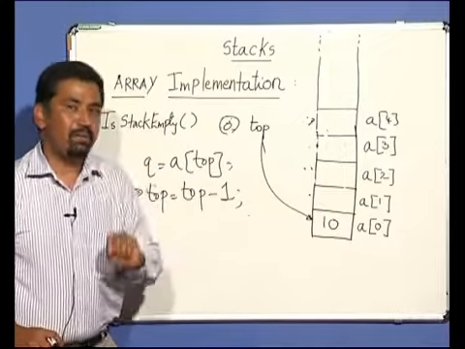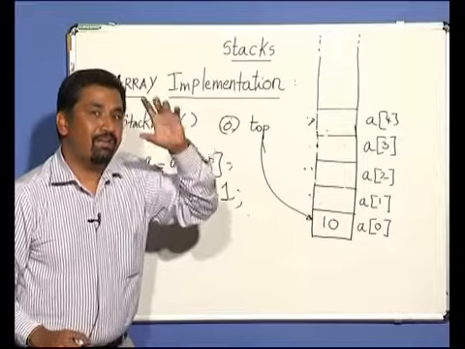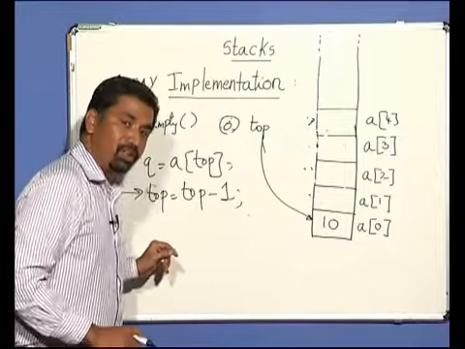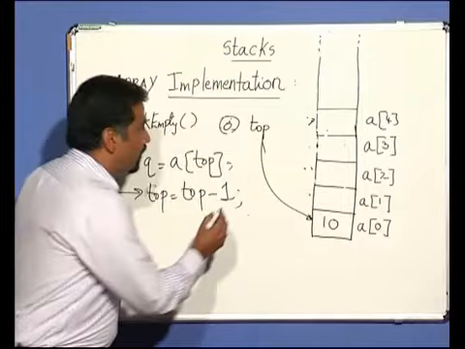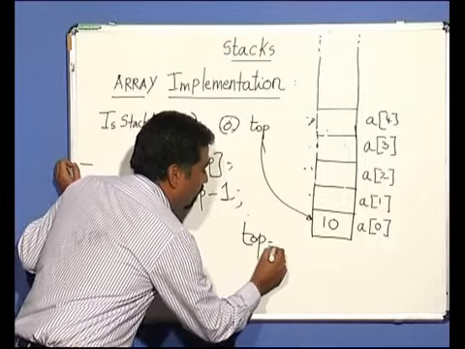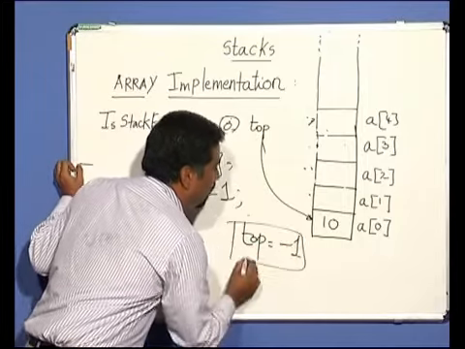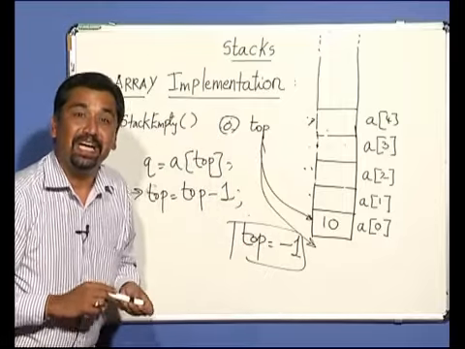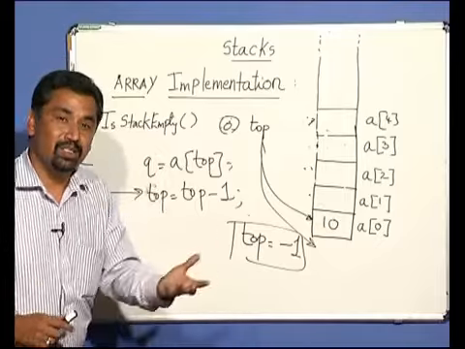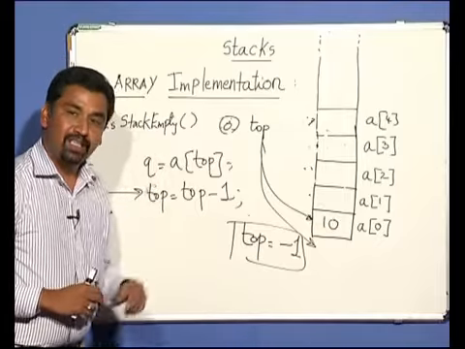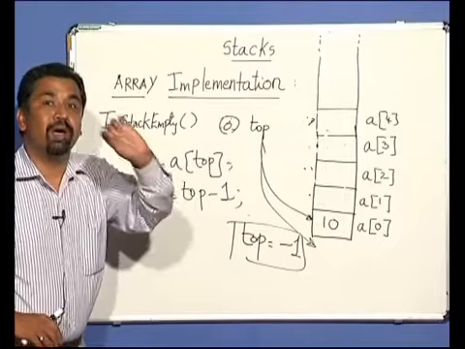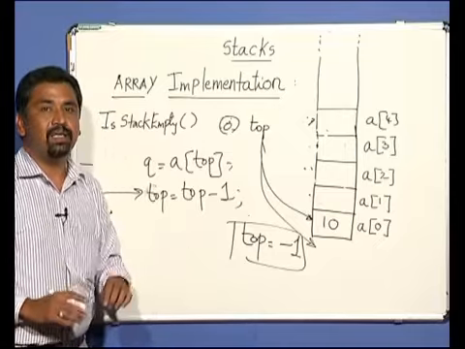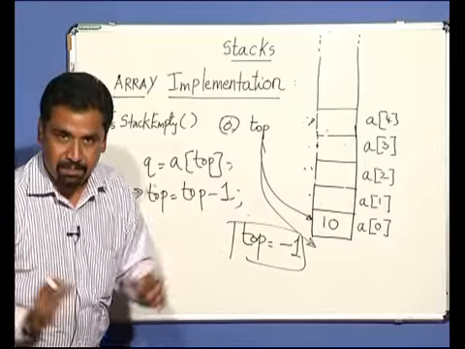So when there is one element in the stack, top will have a value of 0. But when you pop that also, the way we have written the code, the value of top will now become -1. That is, it will just point to an illegal array index, -1. So obviously you can see from this condition that when top is equal to -1, it is telling us that the stack is empty.